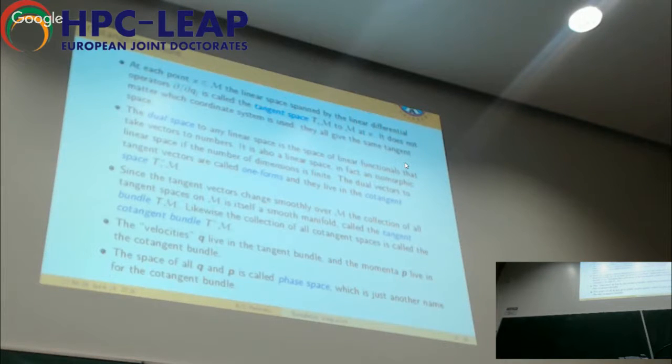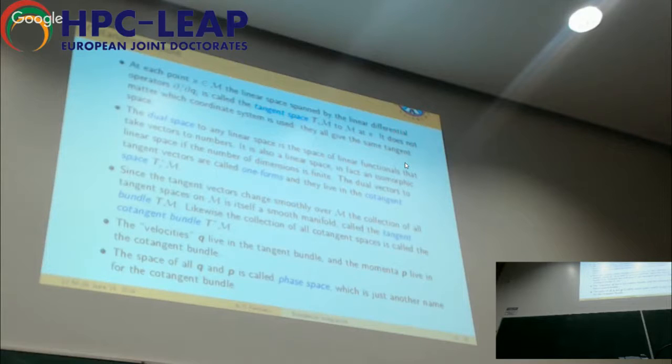The collection of all the tangent spaces over the manifold, which involves going across and changing which coordinate patches you use in the intersections and so on, is also a smooth manifold, called the tangent bundle, T of M. We just take all the vectors at all points, and everything is nice and smooth and differentiable. Likewise, the collection of all the cotangent spaces is called the cotangent bundle, T star M.